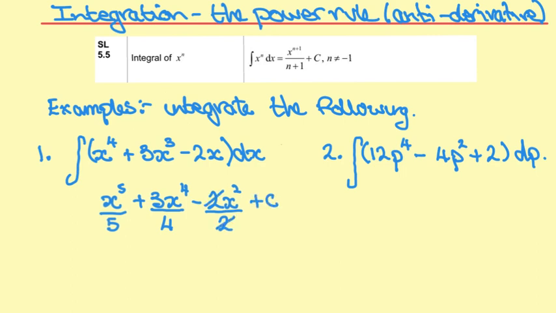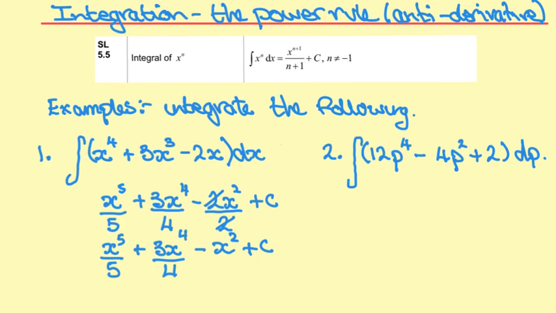These two cancel, so I'm left with x to the power of 5 divided by 5 plus 3x to the power of 4 divided by 4 minus x squared plus c.